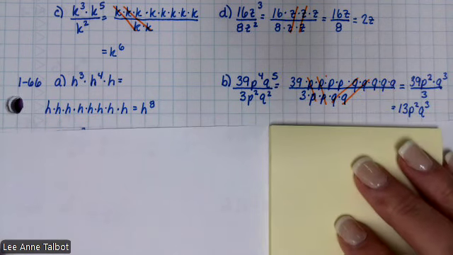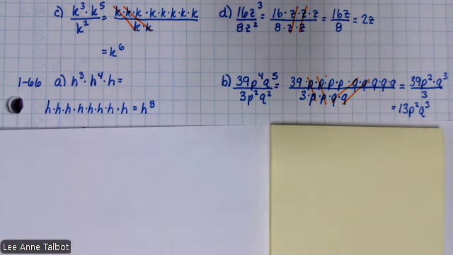Okay. Here's B, B's harder. I got 13p squared q cubed. And that one is hard to organize. You're crossing out. Have to be careful.